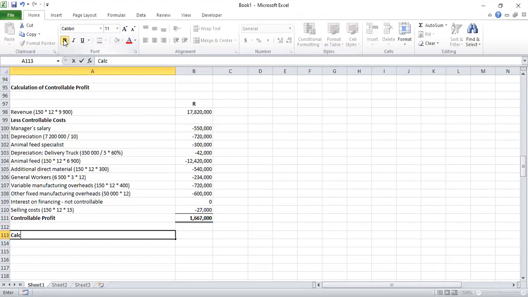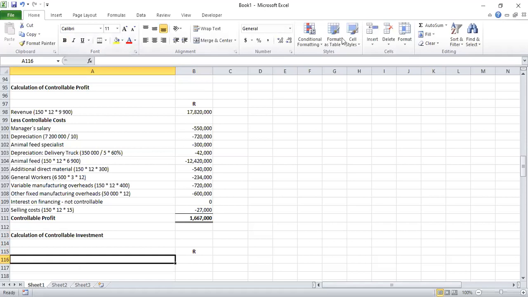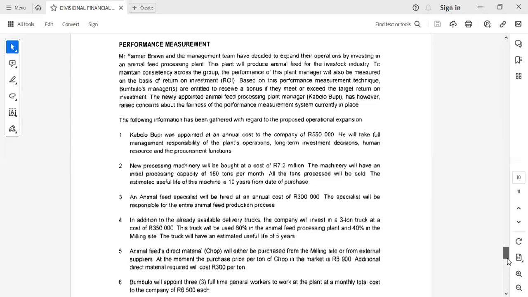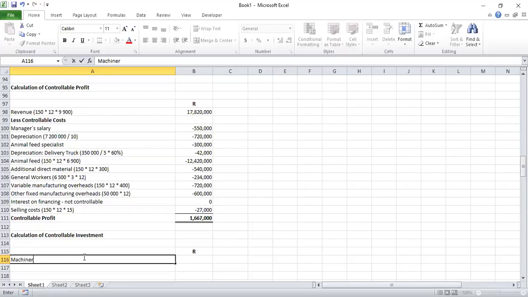Then the calculation of controllable investment. I think I only saw 2 assets there, if my memory serves me right, for which we calculated the depreciation. There's the new processing plant, the machinery, at 7.2 million, minus our depreciation, which is 720,000.